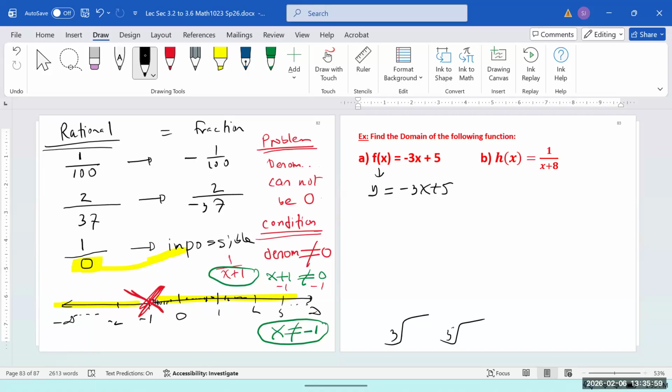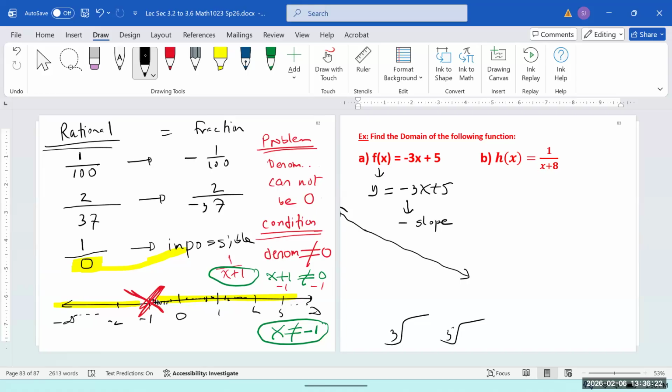What type of line is this? Increasing, decreasing, horizontal, vertical? Decreasing. How do you know? Good job. Negative slope means it's a decreasing function. So it's going on forever and ever on the left side, forever and ever on the right side.